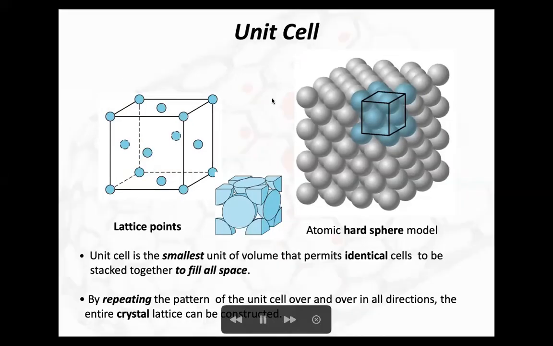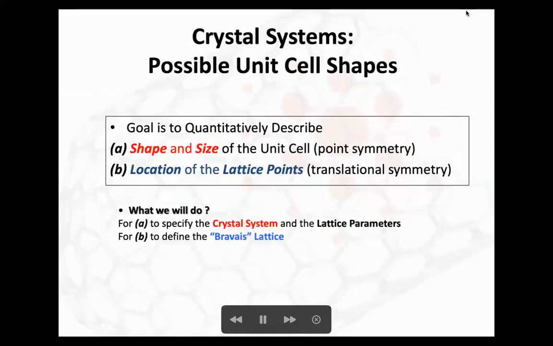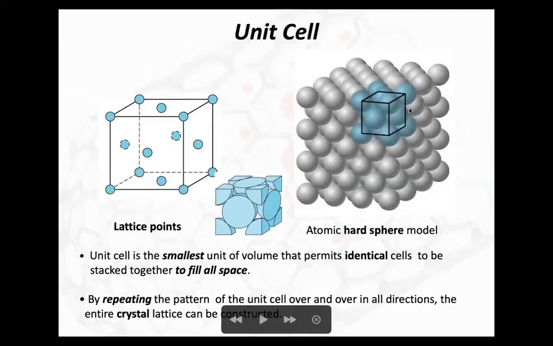Right. So with some illustrations, we will consider the unit cell again, right? So the unit cell is the smallest unit of repeating in a crystal, right?